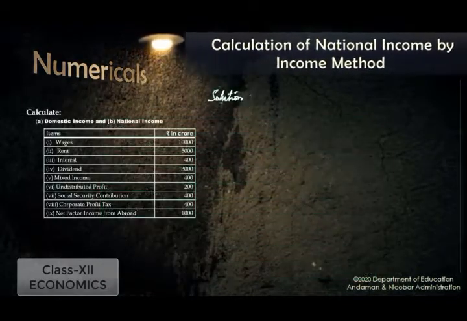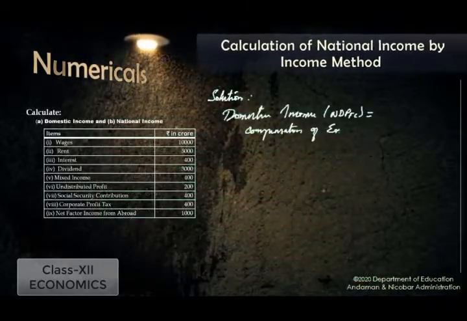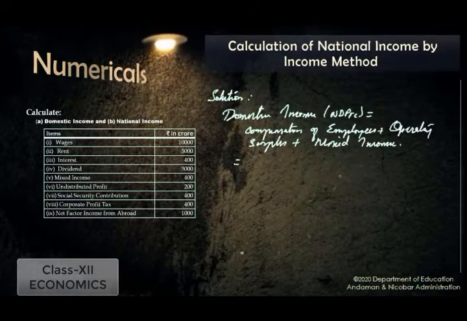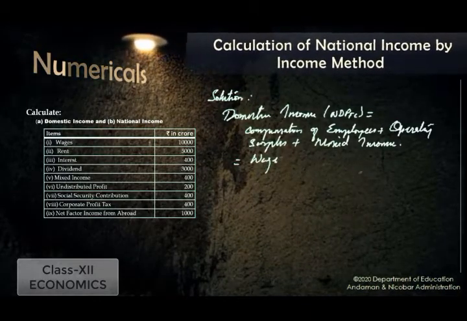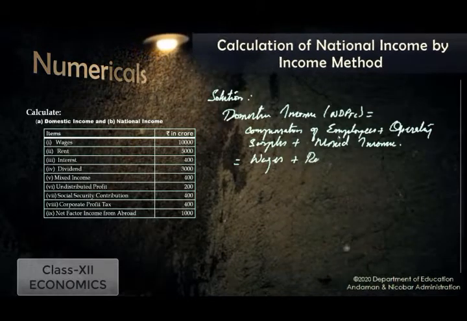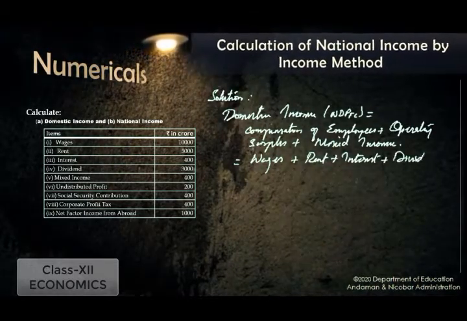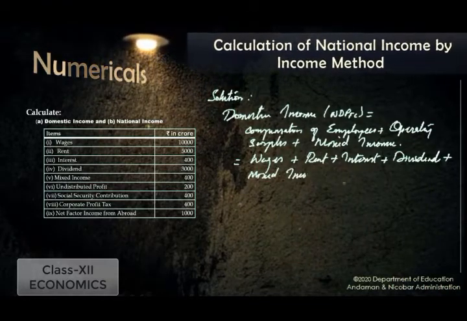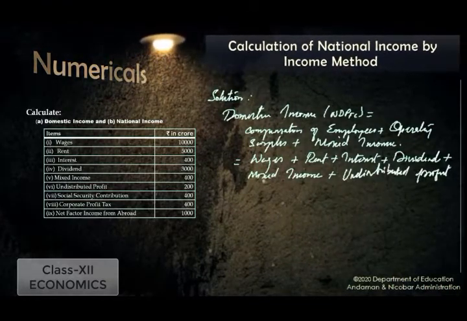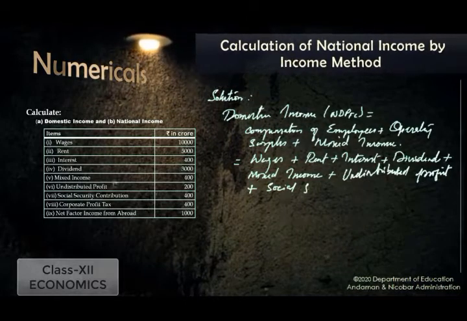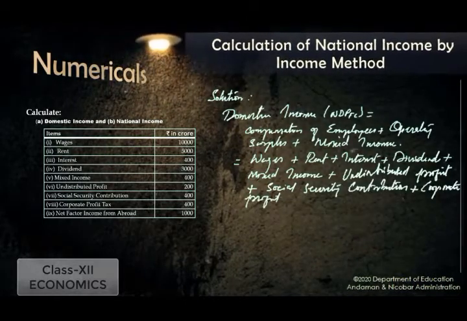Based on the items given in the question, the value of domestic income is equal to wages plus rent plus interest plus dividend plus mixed income plus undistributed profit plus social security contribution plus corporate profit tax.